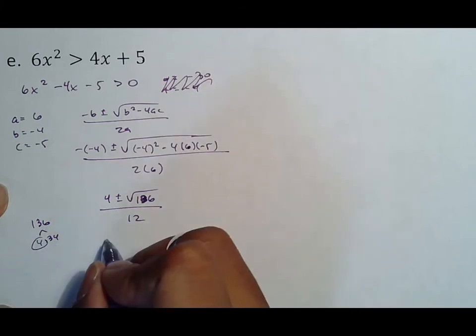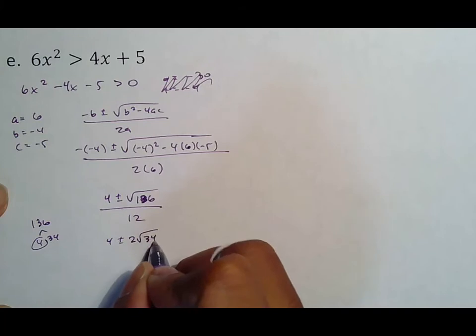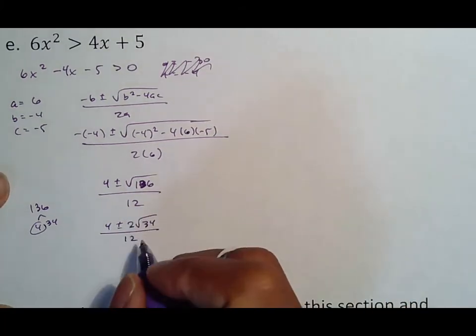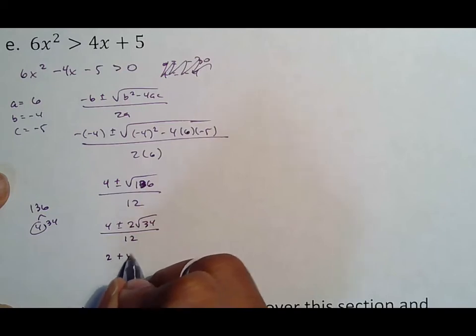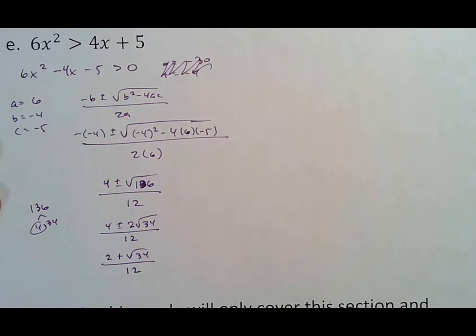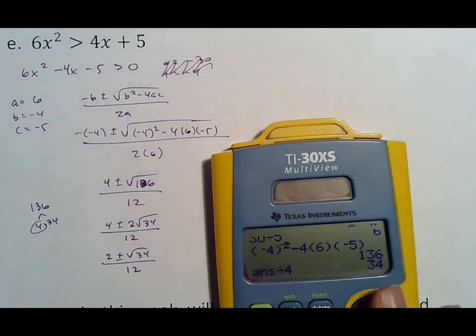So it means that this is 4 plus or minus 2 root 34 over 12, which means I can simplify that even more, which makes it 2 plus or minus root 34 over 12. So how do we deal with this whenever we have such an ugly number? The best way to deal with that is to leave these numbers as they are, but we need a decimal form so we can visualize it.